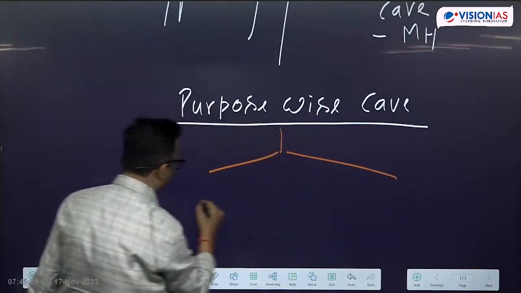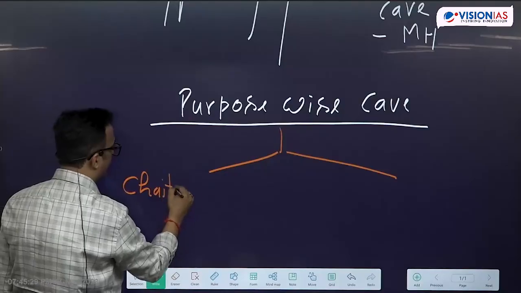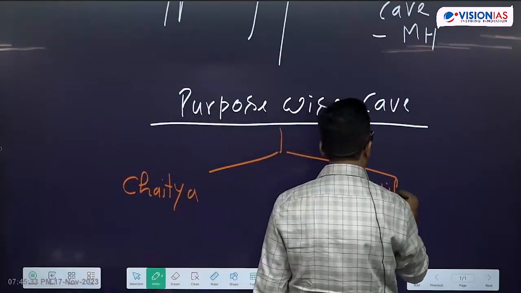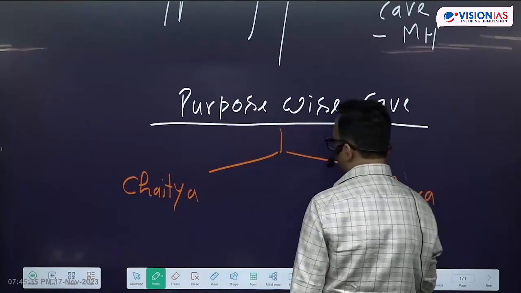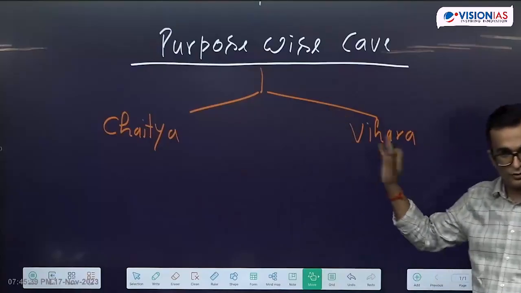Number one we call a chaitya, and number two would be vihara. So it's very simple to understand what this is, and then you'll be able to connect the first part of the structure also.